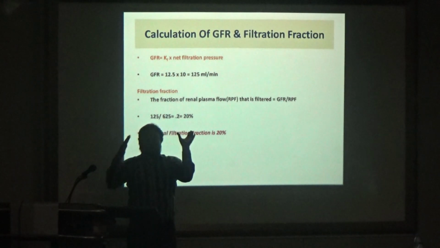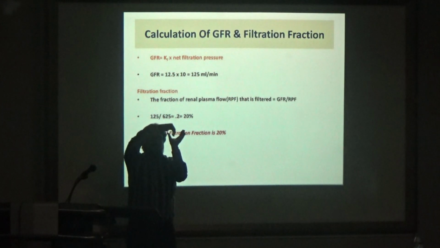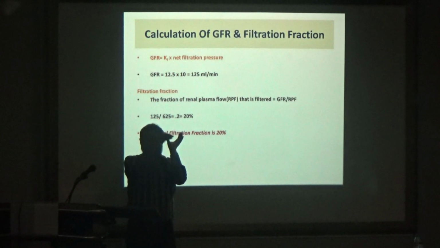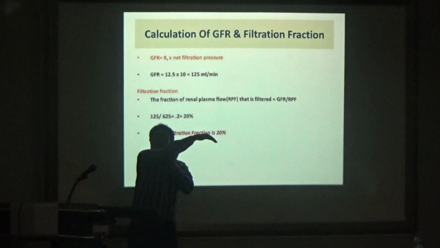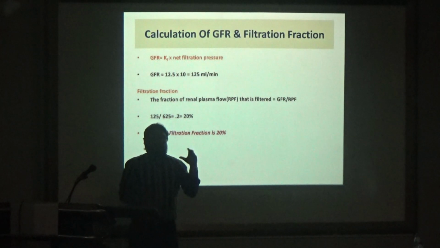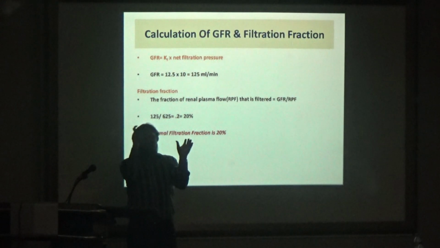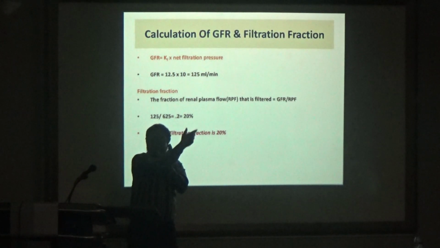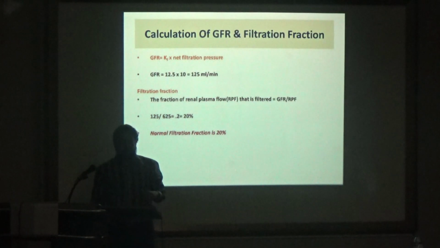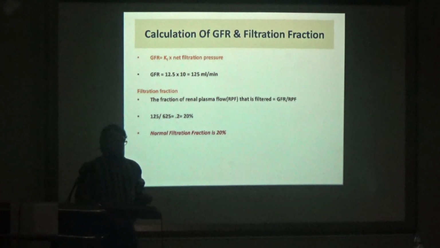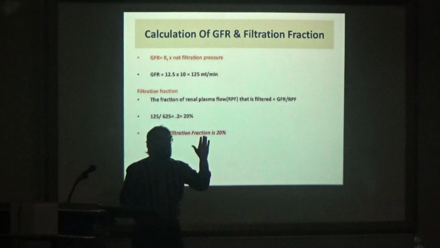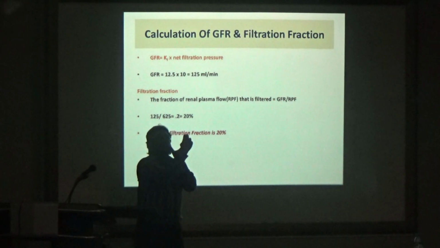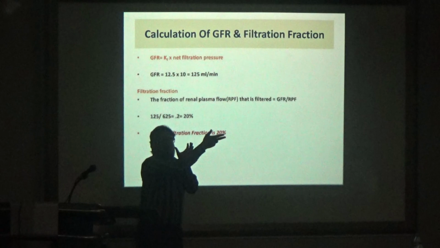Blood is flowing, some amount of plasma is filtered, and the rest of the blood goes out. If 100 ml of blood is flowing, how much is filtered and how much goes out? 20% would be filtered and 80% would go out.